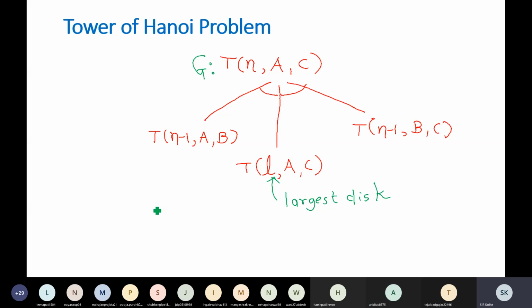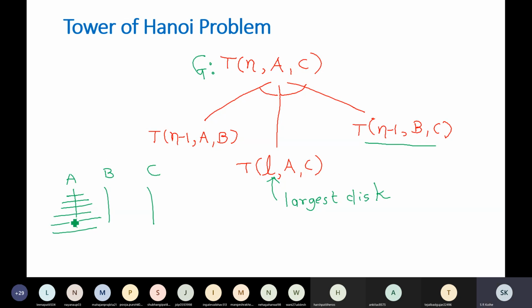Transfer n-1, B and C step is not clear. Yes. This one, see here, 3 poles we have, pole A, B and C. Initially all disks are on A. Okay.